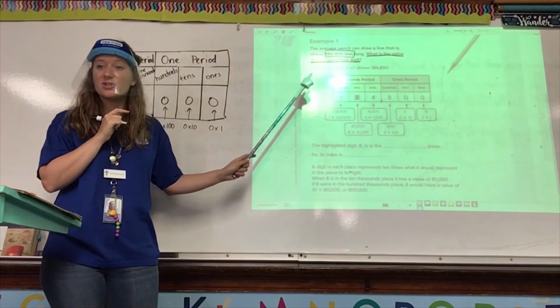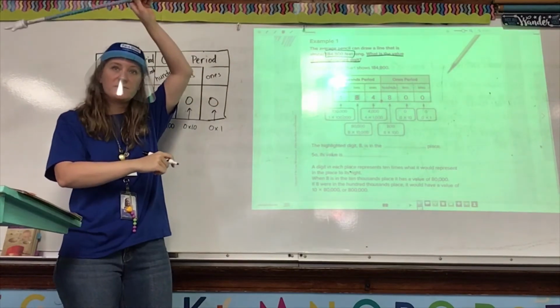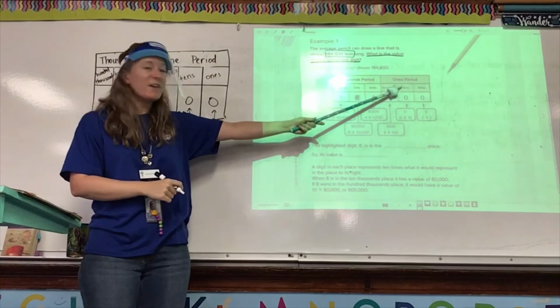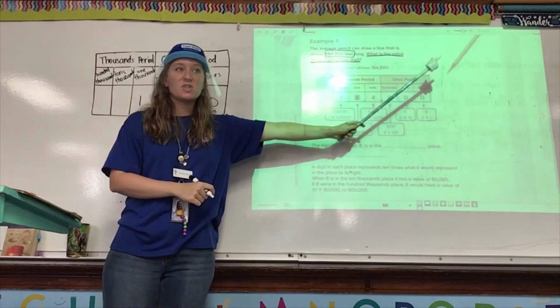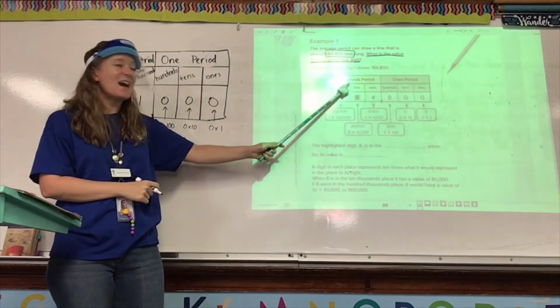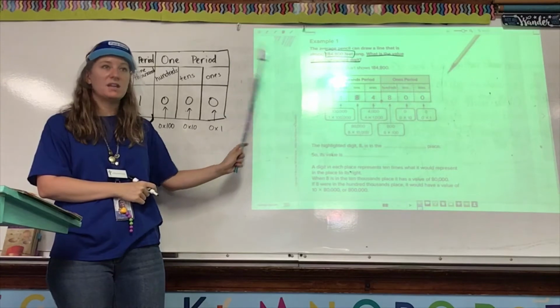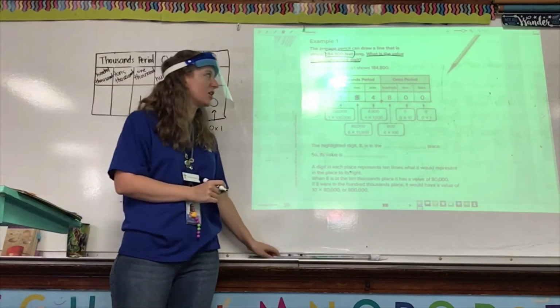Because if we have a larger number, it's going to go further to the left. The ones period is always the furthest to the right in a whole number. The thousands period comes next, but you might have a bigger number, which means you may need a millions or billions period, like the numbers we looked at earlier.